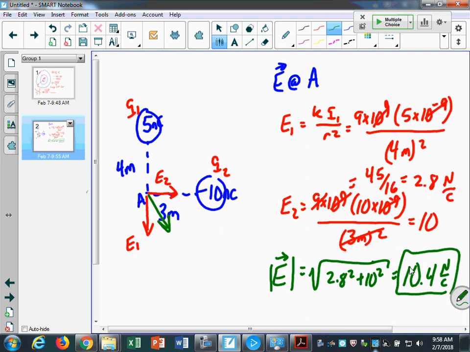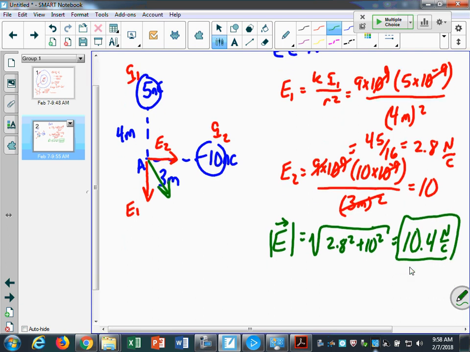Then you also need to find out what is the angle for the electric field. In this case, you got to do a little trigonometry. I would say the inverse tan of opposite over adjacent. E1 was 2.8, E2 was equal to 10.